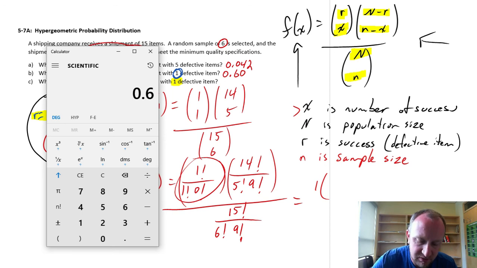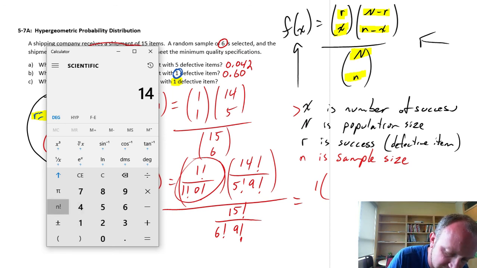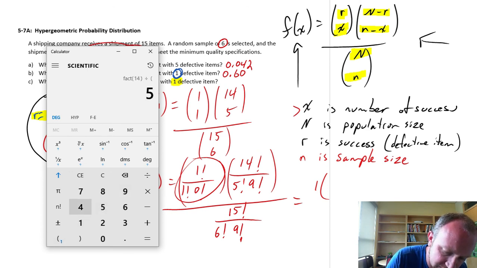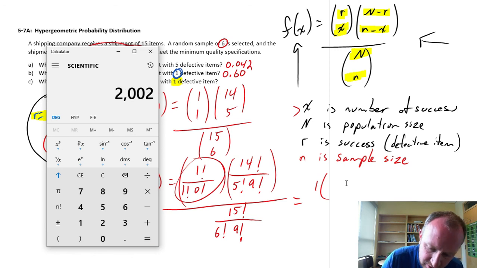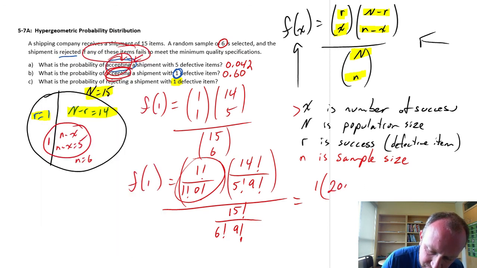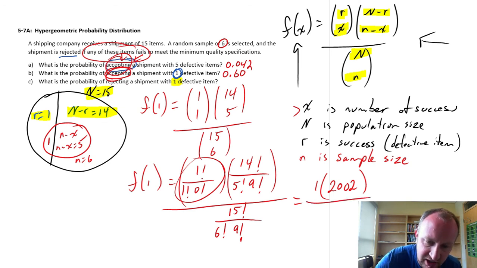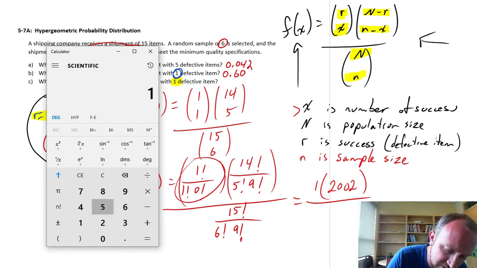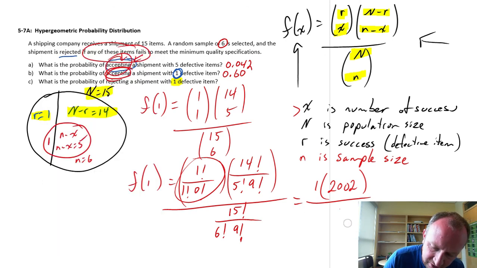Now I have 14 factorial divided by 5 factorial times 9 factorial, 2002, divided by, this piece hasn't changed, but let's calculate it just to be safe, 15 factorial divided by 6 factorial times 9 factorial, 5005.